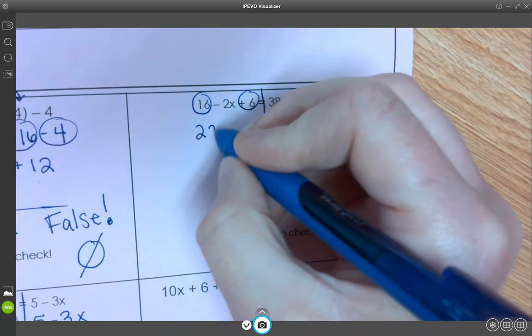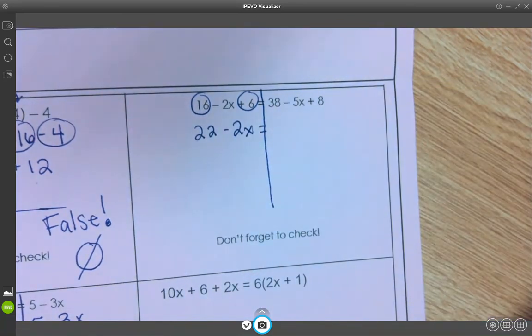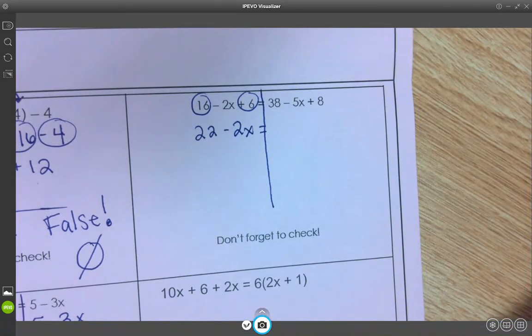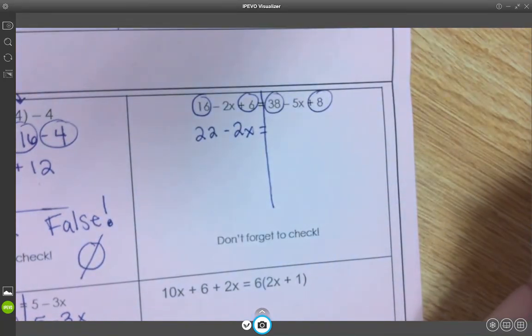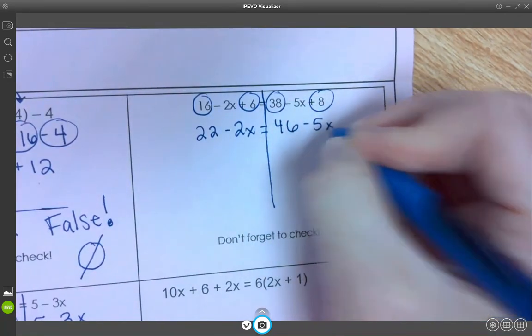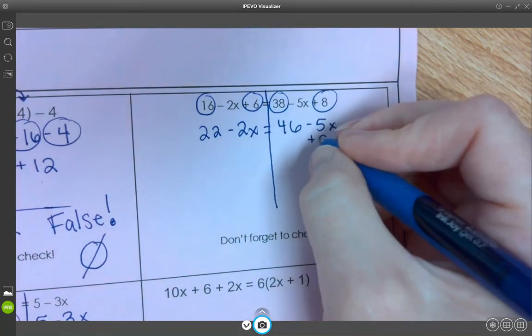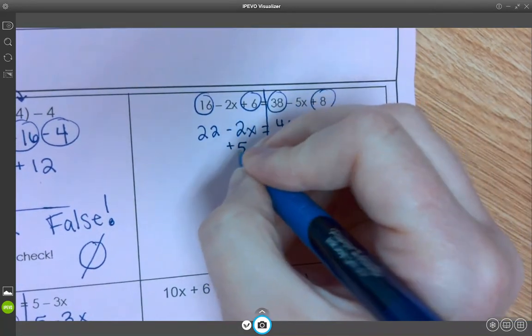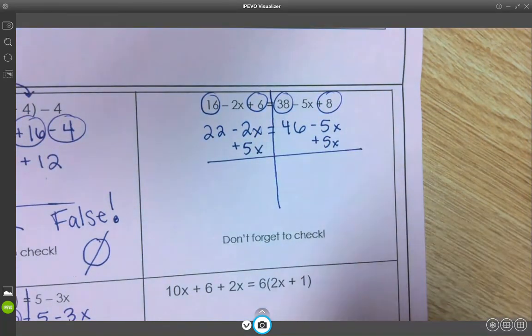So we get 22 minus 2x equals, what else do I combine on the right side? 46 minus 5x. Which x am I going to move? The 5x, because it's negative, so it's a bigger number. So I'm going to add 5x to both sides. You can move the other one, but the reason I do that is to try to get my x to be positive.